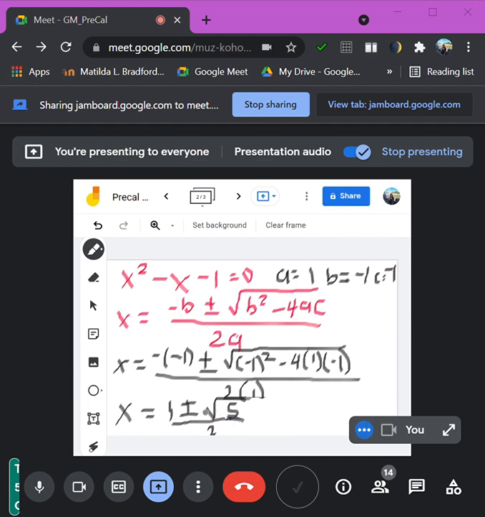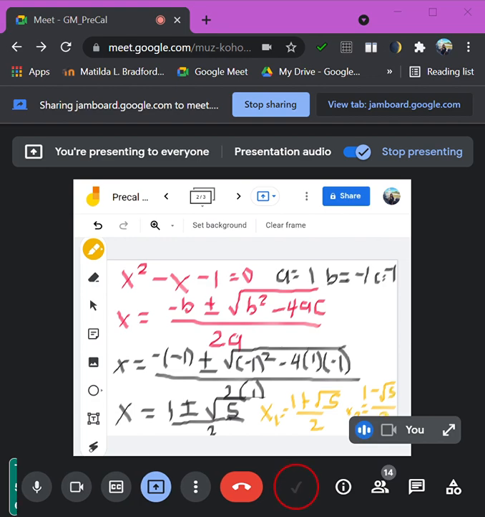So, positive, negative man na siya class. So, meaning to say, x sub 1. Okay, so you have there x sub 1 is equals to 1 plus square root of 5 over 2. And then, ang atong x sub 2 is equals to 1 minus square root of 5 over 2.